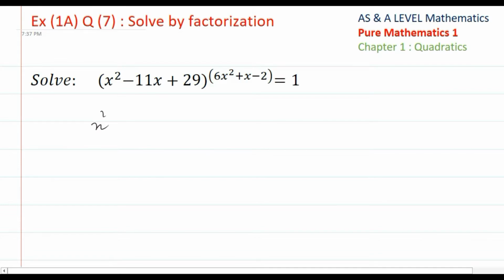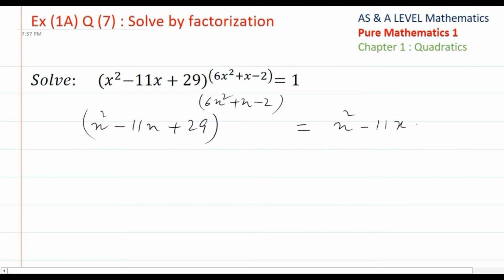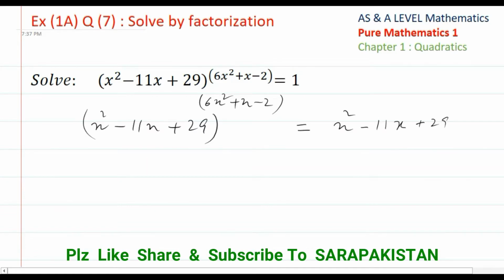x square minus 11x plus 29 power 6x square plus x minus 2, this is equal to x square minus 11x plus 29 power 0.